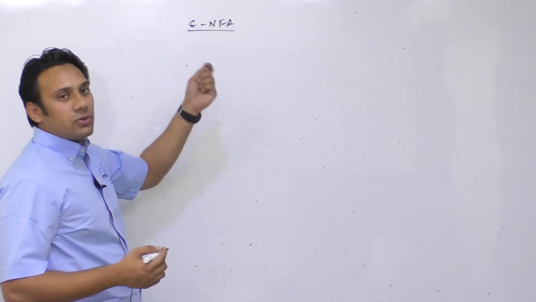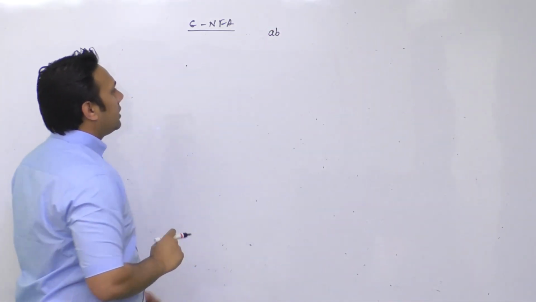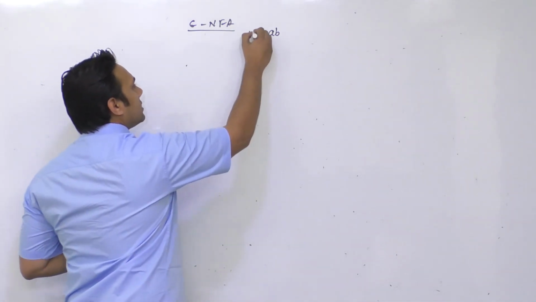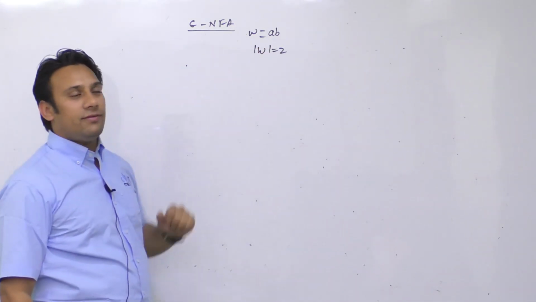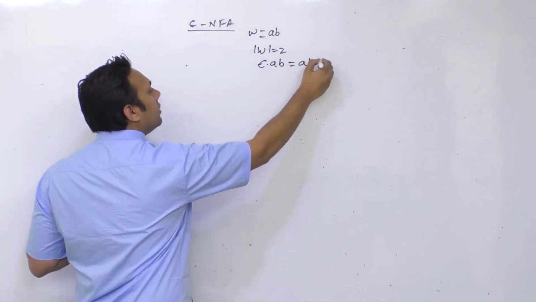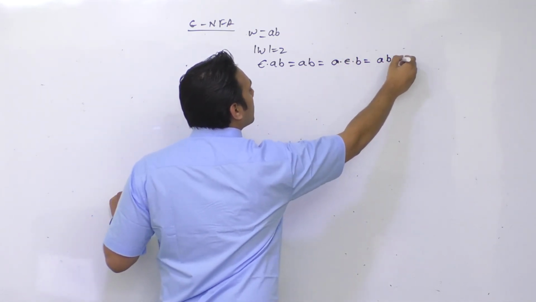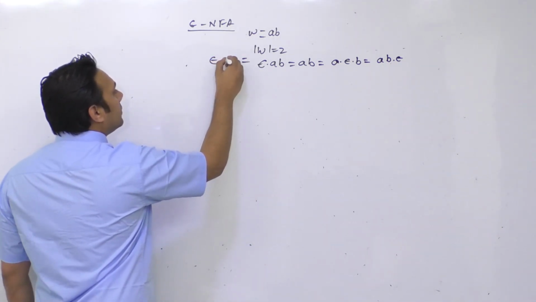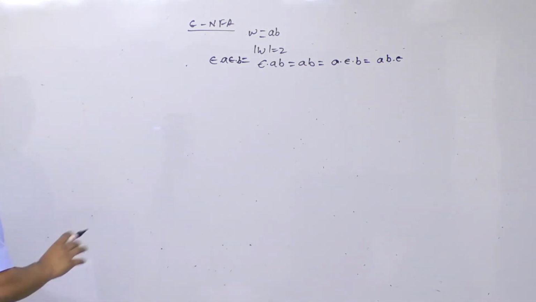If you concatenate epsilon with any string, for example the string AB, which has two symbols, A and B, and length 2, then epsilon dot AB is equal to AB. Even A dot epsilon dot B, or A dot B dot epsilon, are all the same. You can even have more than one epsilon in a string. All of these are the same, so they do not represent anything different.